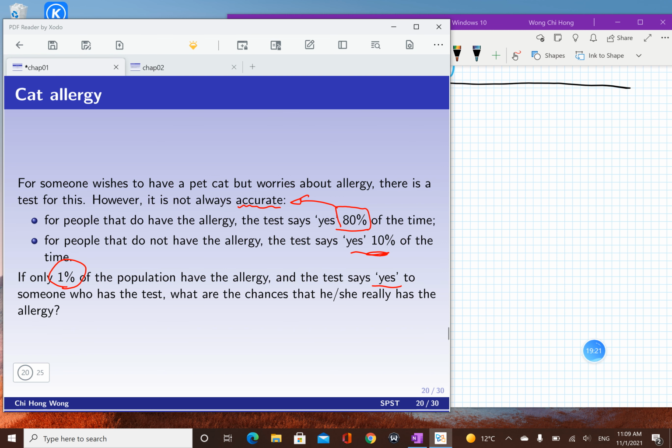So it's kind of okay, not very accurate, but okay. That is to say, what we're looking for is, allergy, and then yes. So we are looking for the probability of having the allergy.